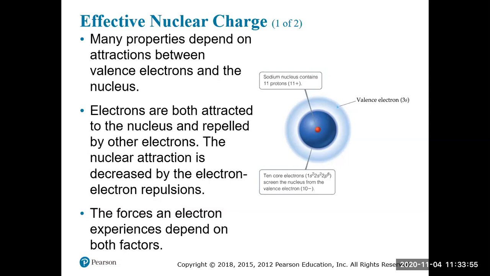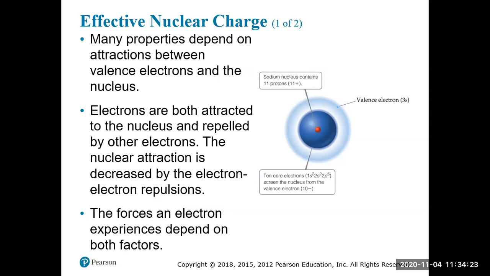And so this attraction is decreased by that electron-electron repulsion. So there's this kind of back and forth battle going on between the attraction of the nucleus to the electrons and the electron-electron repulsions. There's this balance of all this that produces the effective nuclear charge.